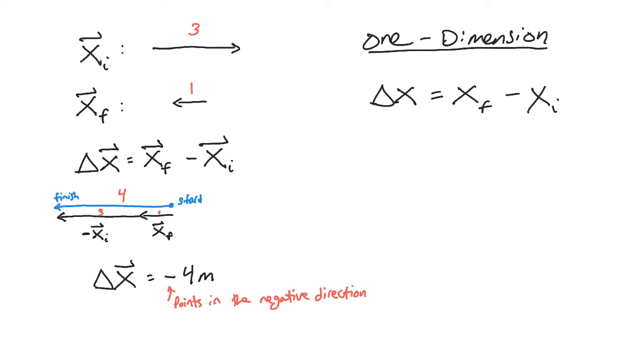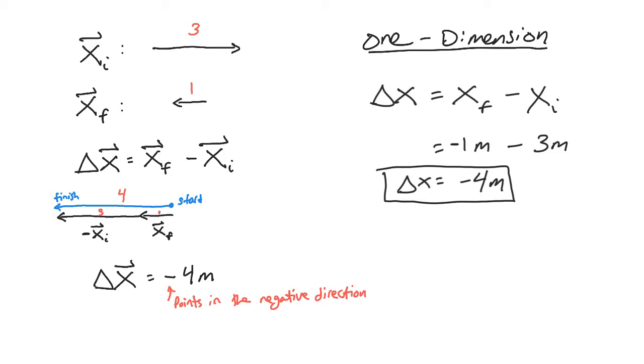So for example here, we have a final position of, sorry, that is wrong, we have a final position of minus 1 meter, and we have an initial position of 3 meters. So if we subtract those two together, we get an answer of minus 4 meters, and then we're done.